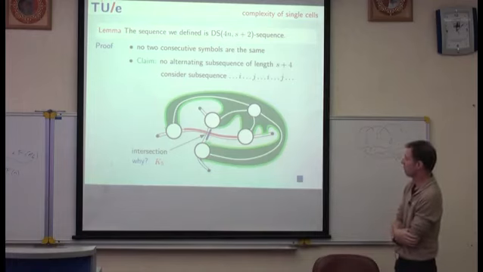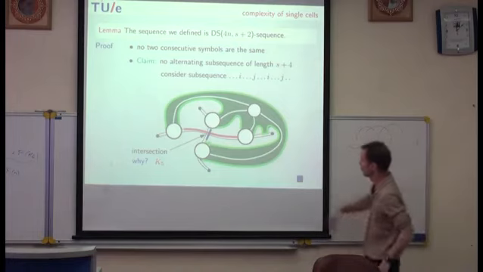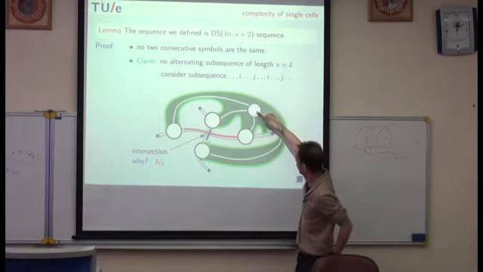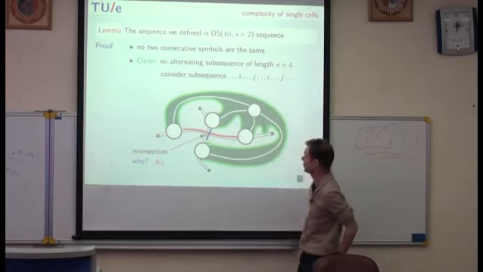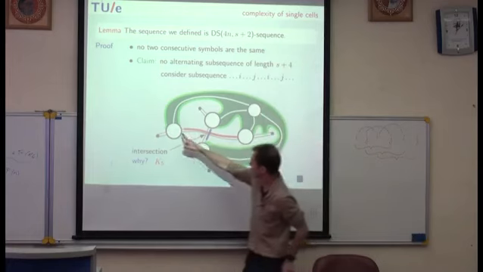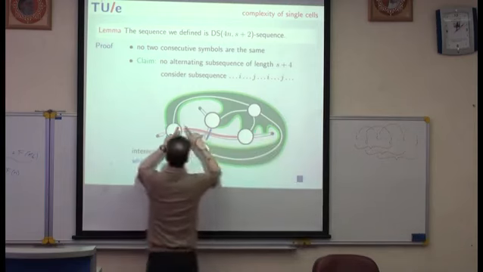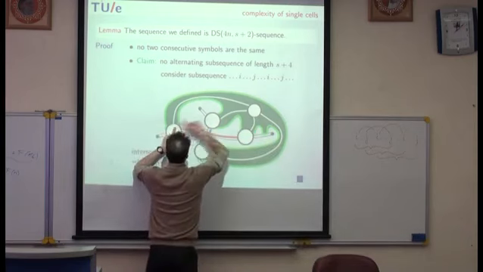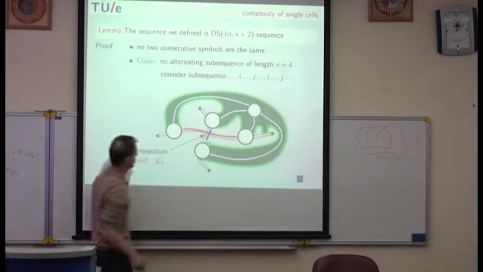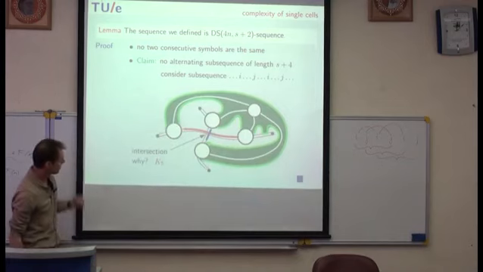So now I have an edge from this node to all the other nodes. From this node, I have an edge to this node, to that node, to that node, and so on.